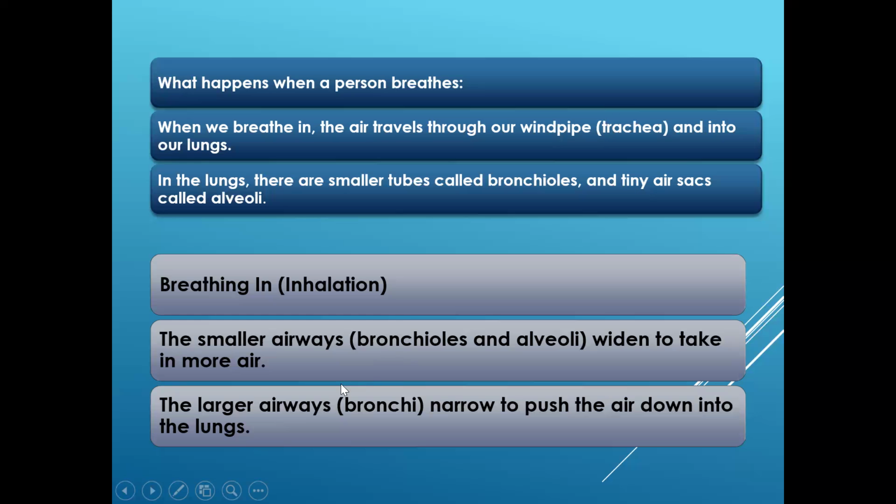But in inspiration, the larger airways contract, so the trachea and the bronchi reduce their lumen, whereas the smaller airways, not the bronchi, and the alveoli widen so that they can accommodate air because the pressure inside is now lower. Air can now enter from the outside.